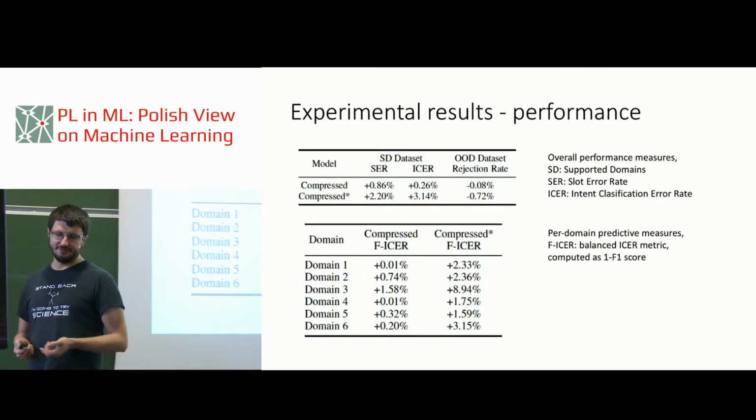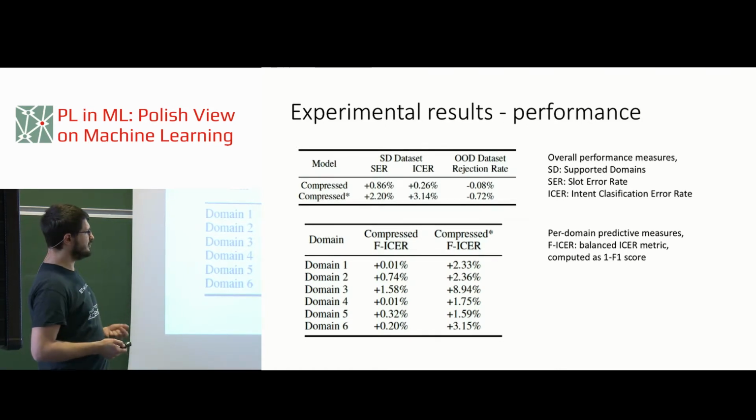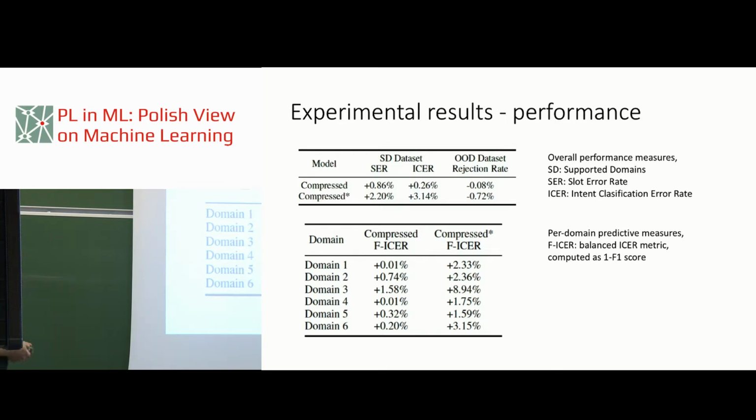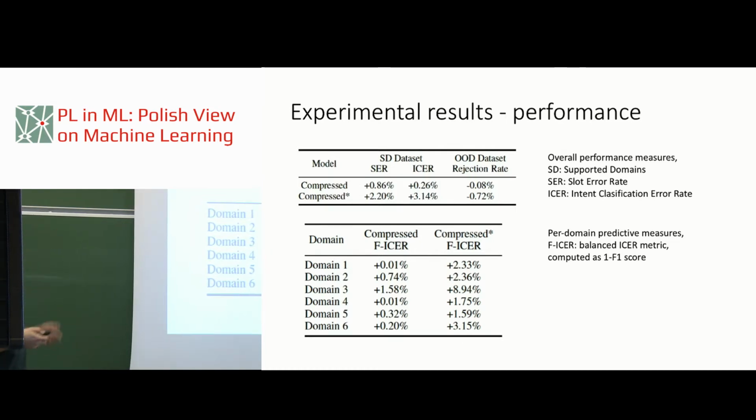And surprisingly good. So if you look at the aggregated results for the overall data set, the compressed models perform approximately the same. So for the stuff that we had in our in-domain data set, our intent classification error rate and search error rate, it jumped, but it jumped by at most 0.86% for SER.